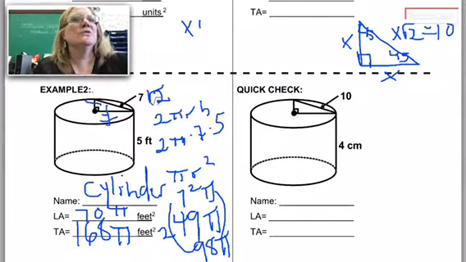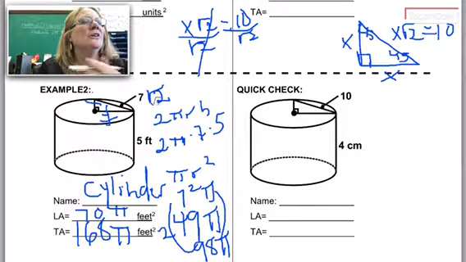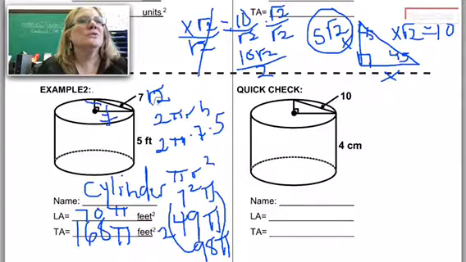You would say x square root of 2 is equal to 10, and divide both sides by the square root of 2, and you get x is equal to 10 divided by the square root of 2. Can't leave the square root of 2 in the bottom. We have to rationalize the denominator, and that's where we get 10 square root of 2 divided by 2, and 10 divided by 2 is 5. So each side is 5 square root of 2. So that is our radius.